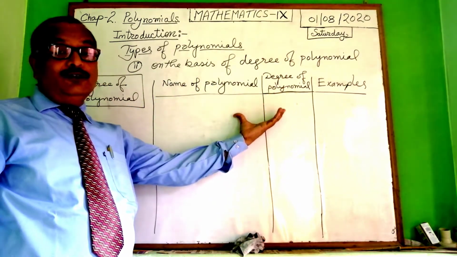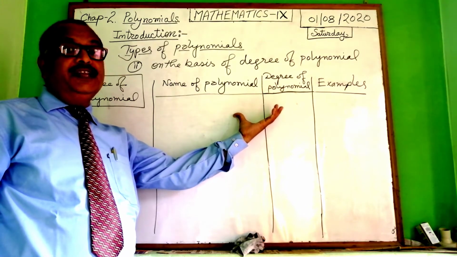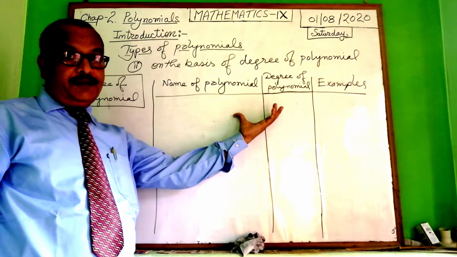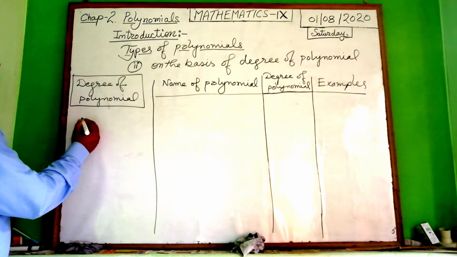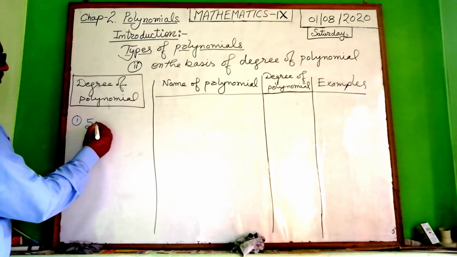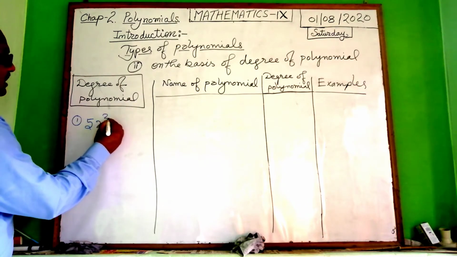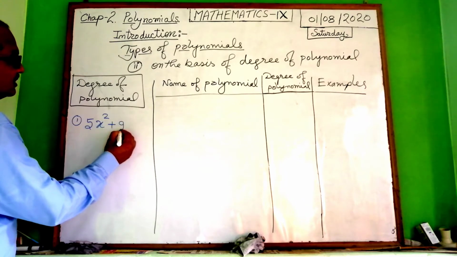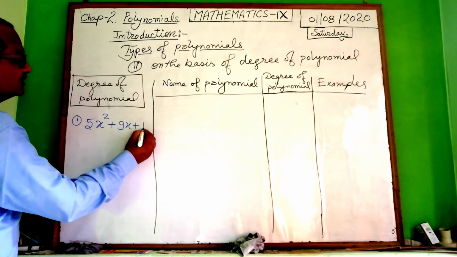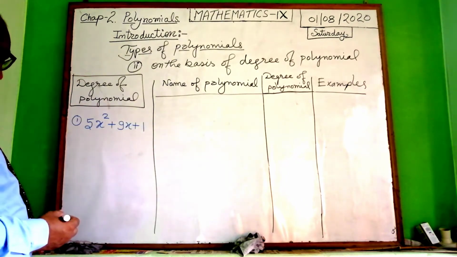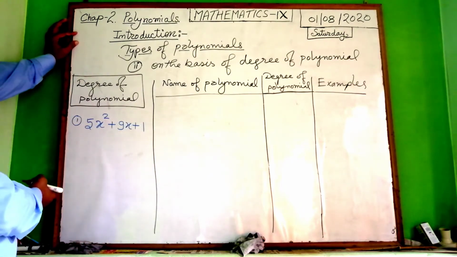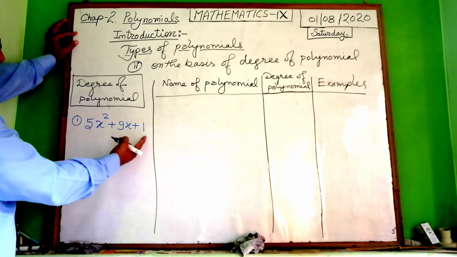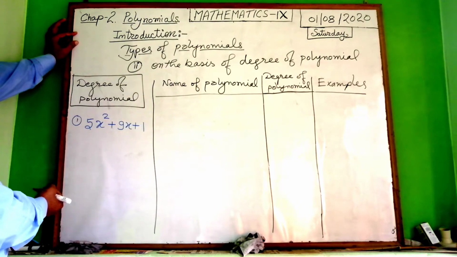Now, types of polynomials on the basis of degree of polynomials. Before reading it, I would like to explain what is the meaning of degree of the polynomial. Just see here, one example I am taking so you can see more clearly. Suppose 5x square plus 9x plus 1. There are three terms, so on the basis of number of terms it is a trinomial.